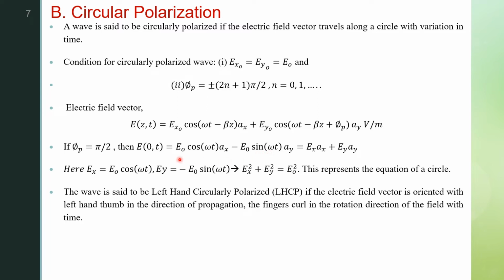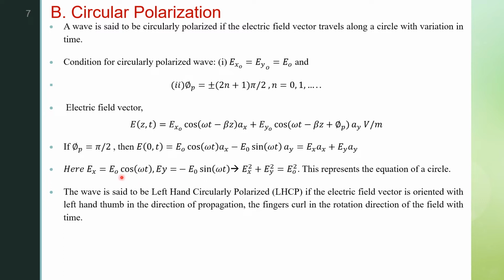So let's say this E0 cos omega t is Ex and minus E0 sine omega t is Ey. Then this particular expression we can simply write as Exax plus Eyay. If you compute Ex square plus Ey square, you will get the answer as E0 square. It is very easy to understand.